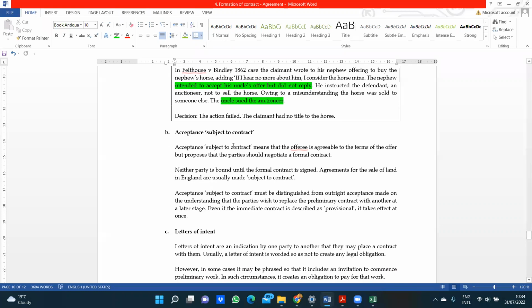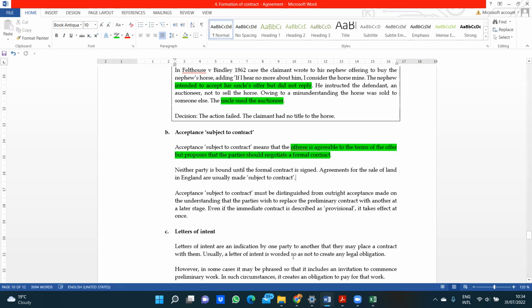Acceptance subject to contract. This is a type of acceptance whereby there needs to be a written contract to support what has been agreed. Acceptance subject to contract means that the offeree is agreeable to the terms of the offer, but proposes that the parties should negotiate a formal contract.